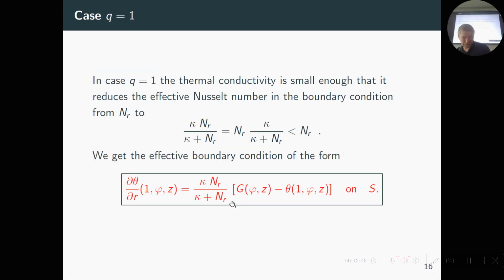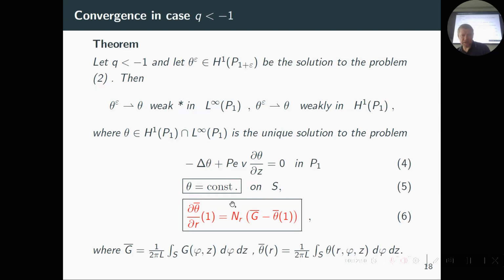Now, mathematically speaking, as I said, we just need to prove that the solution, which depends on the small parameter epsilon, tends to something when epsilon goes to 0. Now it does in some topology, which is called the weak star topology. I won't bother you too much with the details.